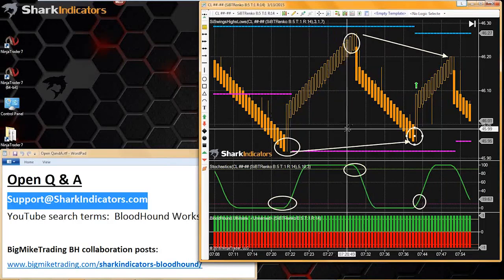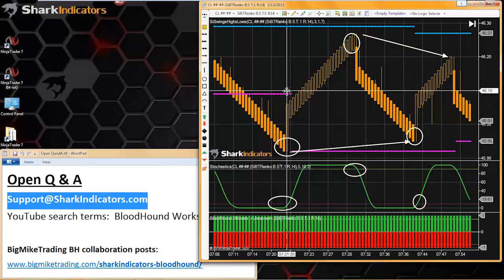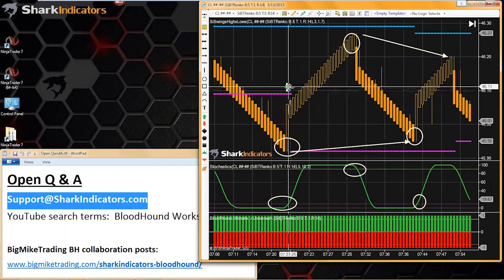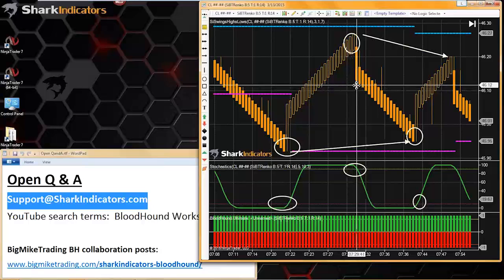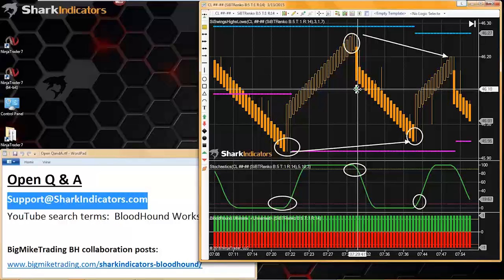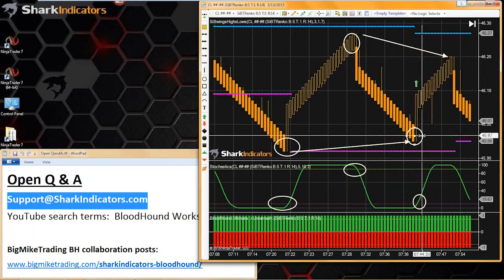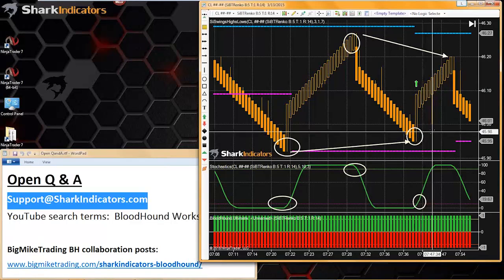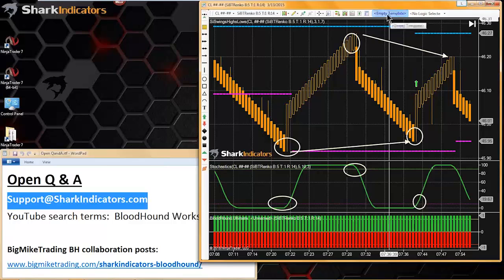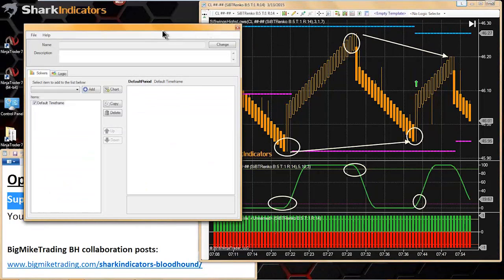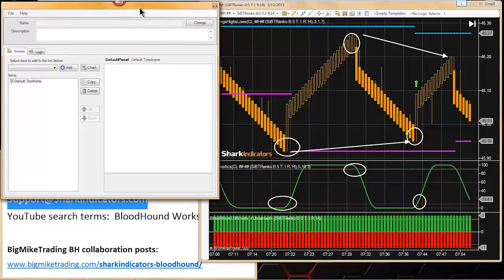Because for condition 1, we're going to get a signal on this bar, and then for condition 2, I imagine we're going to get a signal on this second reversal bar, and then condition 3, where we actually want the final trade signal, is going to happen right on the third reversal here. So, all right, let me open up BloodHound.